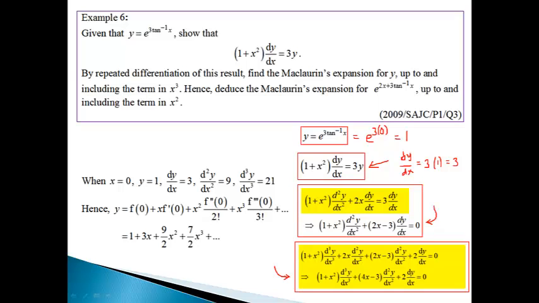When x is 0, y is 1, dy dx is 3, d2y dx squared equals 9, I will arrive at d3y dx cubed equals 21. So knowing that y can be expressed in this manner, I'm going to substitute all my values inside and arrive at the Maclaurin expansion for y.